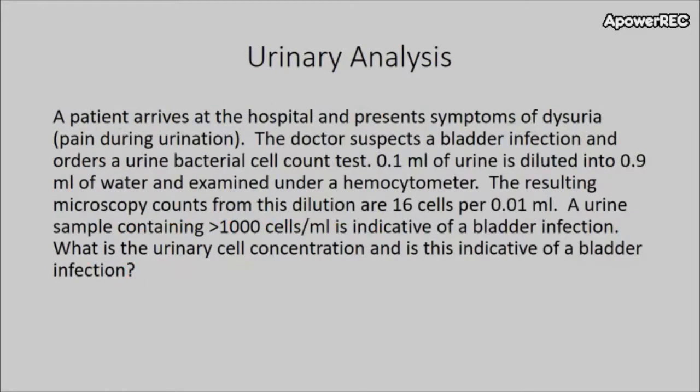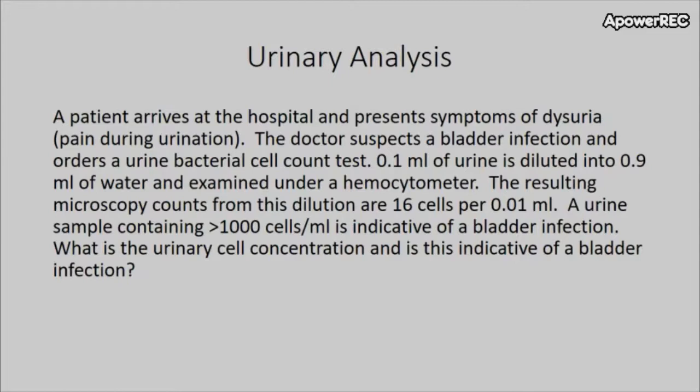Okay, next up is the urinary analysis. So here we have a patient who arrives at the hospital, and the patient presents symptoms of dysuria, which is pain during urination. So the doctor thinks that the patient could have a bladder infection, and orders a urine bacterial cell count test.